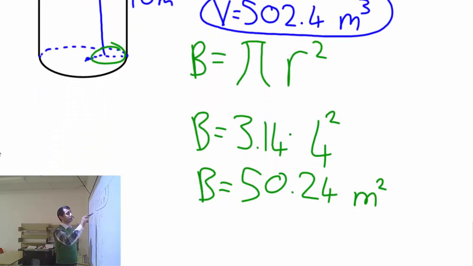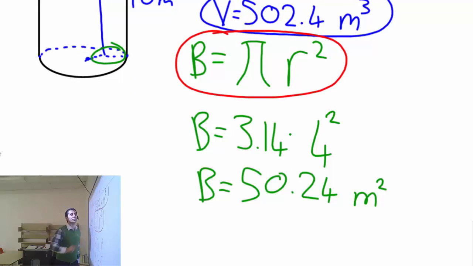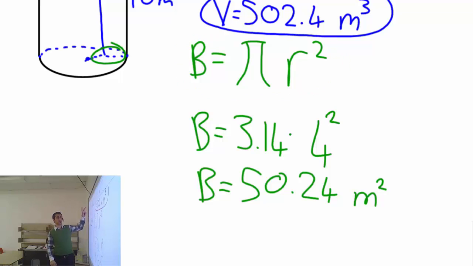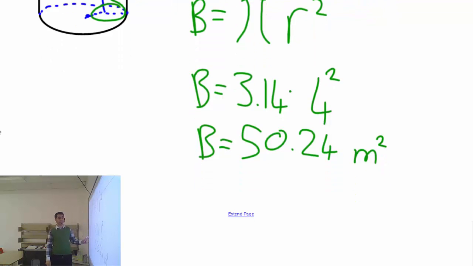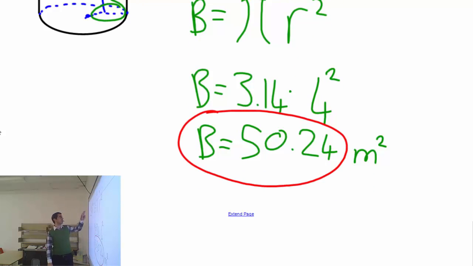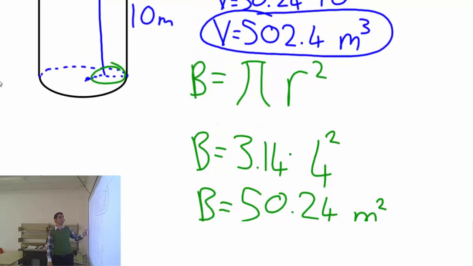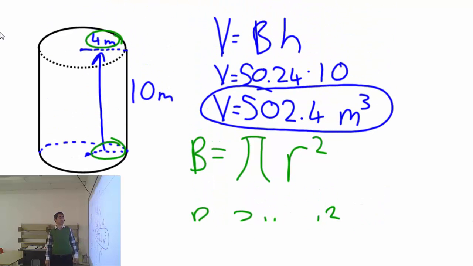We wrote down the formula for circle area, then we wrote down what we know, the pi and the radius, and we figured out the base area is 50.24. Once we find that, now I know everything I need in order to calculate the volume. So I go to the formula, I include what I just found, and H is already known. I just do the multiplication. That's the volume.